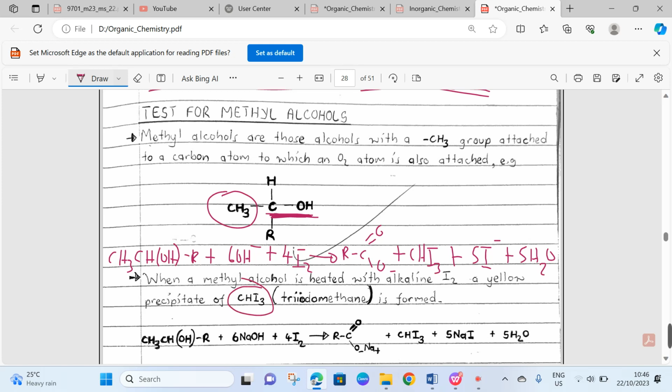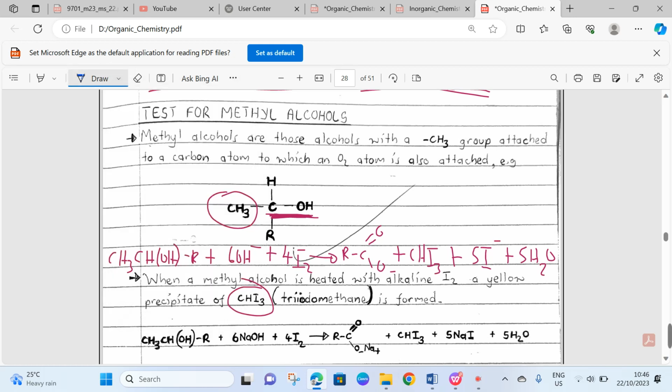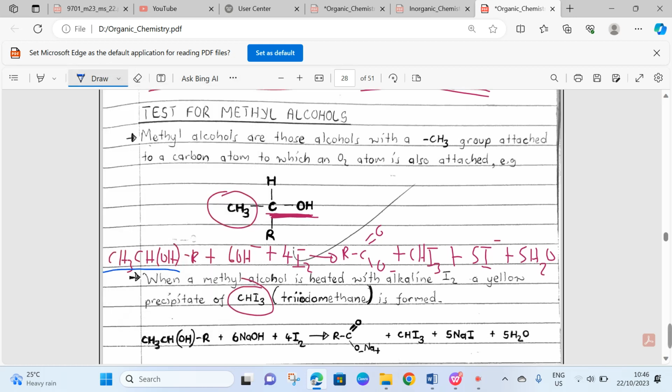In the reaction I'm giving you up there, I have my methyl alcohol plus 6 OH negative plus 4I2, giving my carboxylate ion plus my CHI3 plus 5I negative plus 5H2O. That's all. Then the equation becomes balanced.